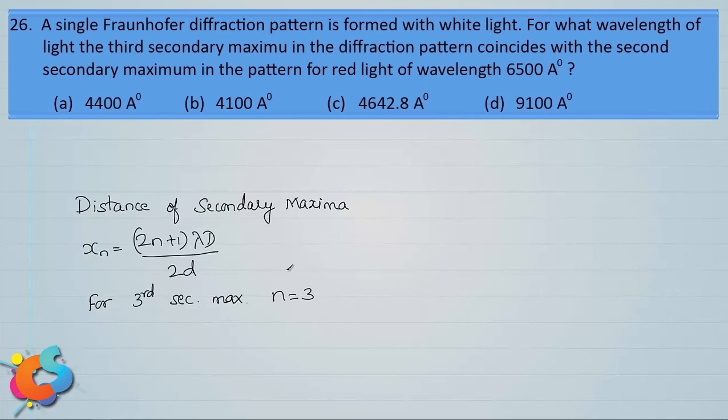So, by substituting n equal to 3, we get x is equal to (2 into 3 plus 1) is 7 lambda D by 2d. Let me call this x1, that is the distance due to the wavelength lambda, and this lambda is unknown. Now let me find out the distance of second secondary maximum due to another wavelength, that is of red color. Using the same formula, since it is again secondary maxima, the same formula is valid, but this time it is second secondary maxima.